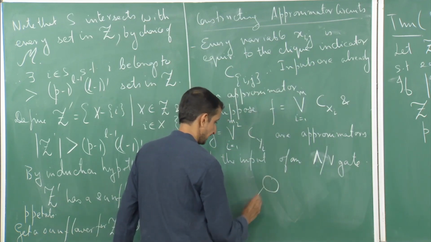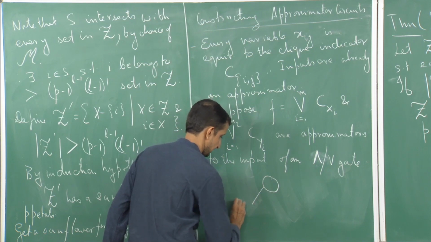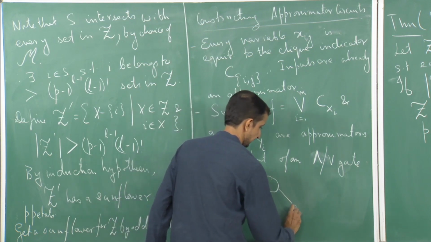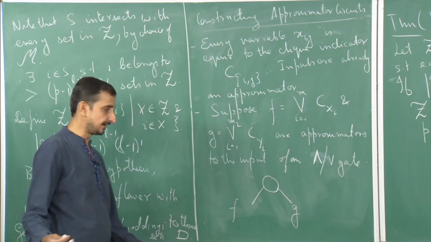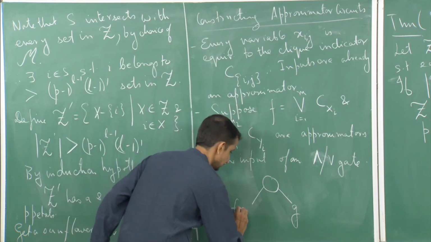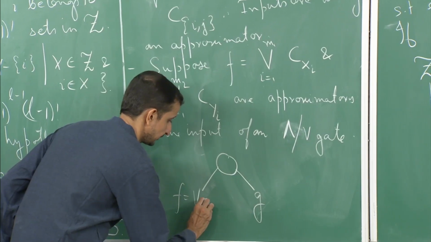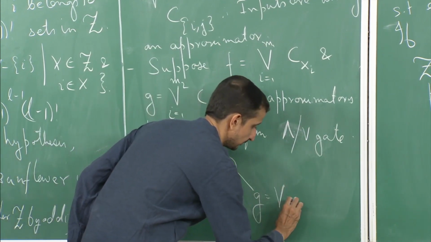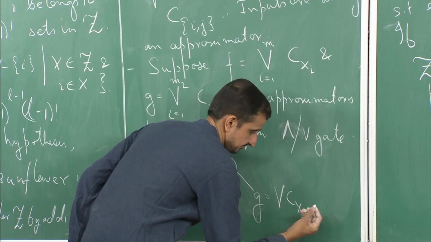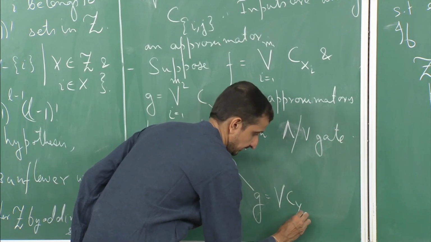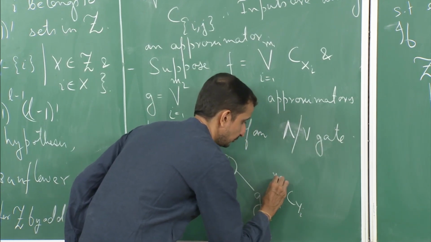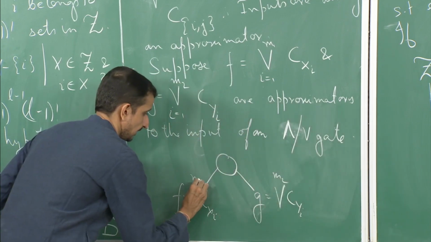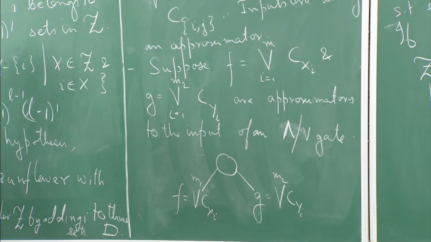Consider some gate, and we have f over here and g over here, which are already approximators. f is an OR of these C x_i's and g is an OR of C y_i's, with M1 and M2 terms in f and g respectively.